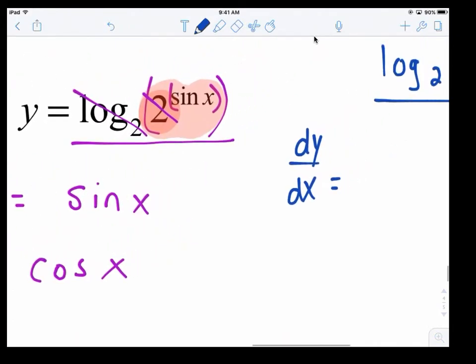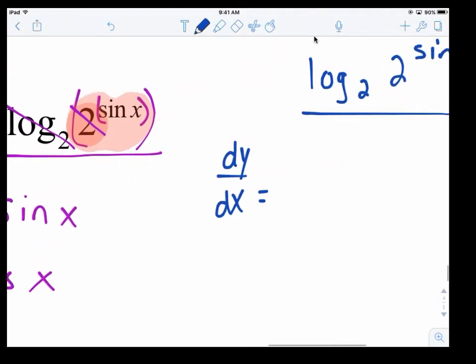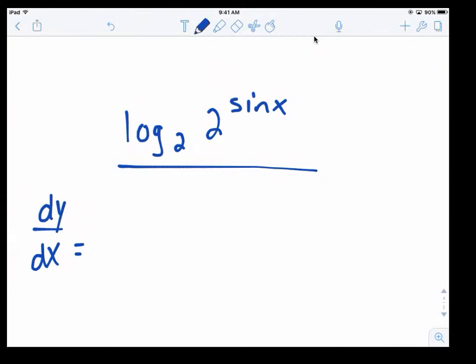If you do it the long way, you're going to get the same answer, but we can practice finding the derivative of the log function.